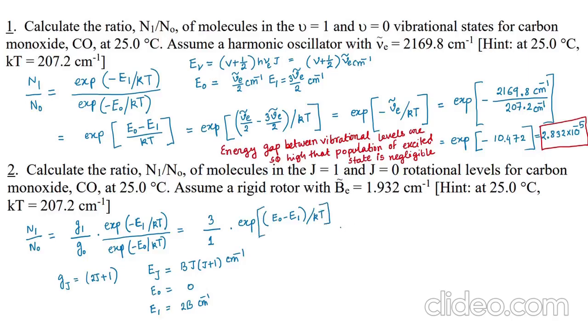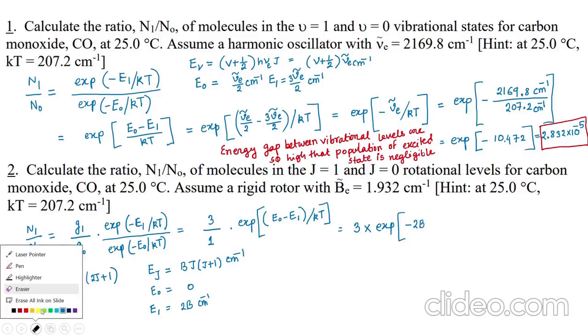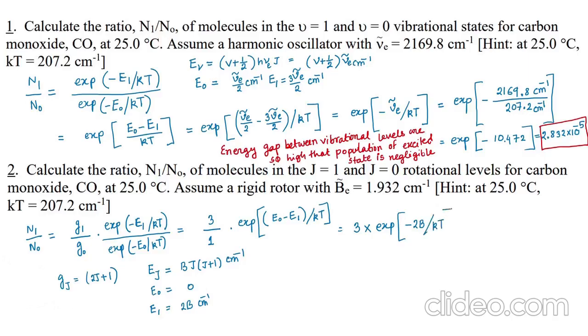Let me give this bracket. So it is going to be 3 into exponential of (0 minus 2B), which is minus 2B, divided by kT. kT is given and B is given.